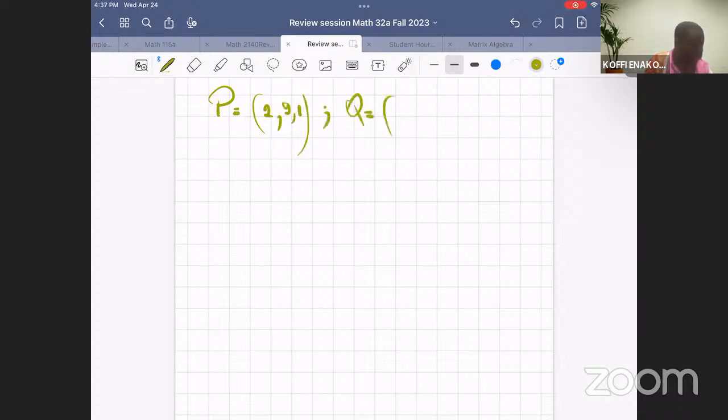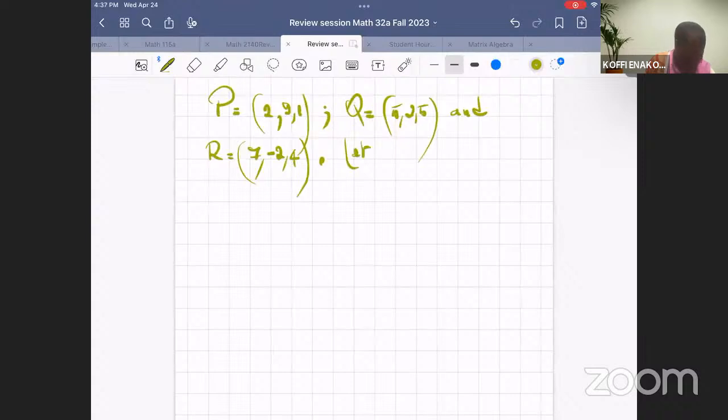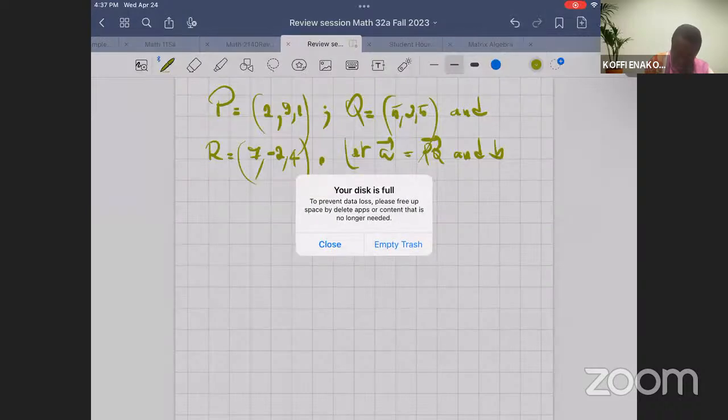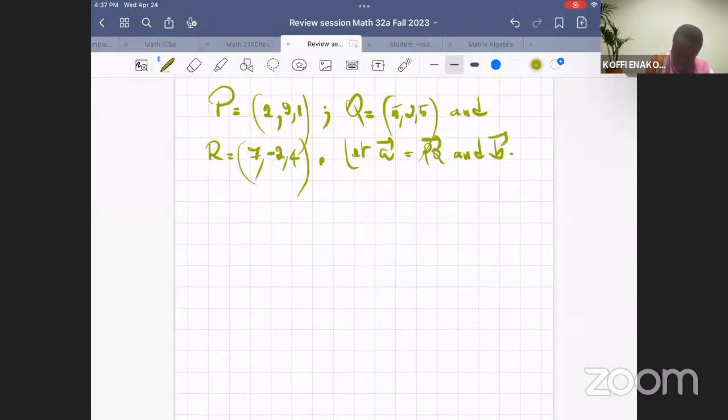The point Q has the components 5, 2, 5. And R has the coordinates 2, -7, -2, and 4. Then let the vector A be PQ, and the vector B, let's call it PR.